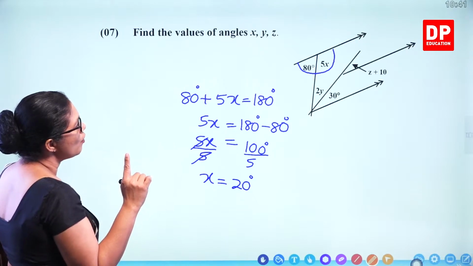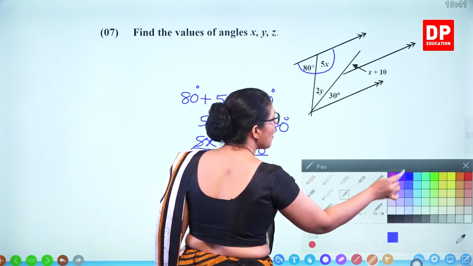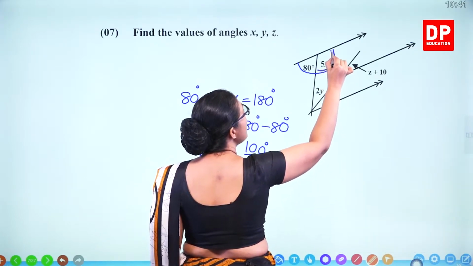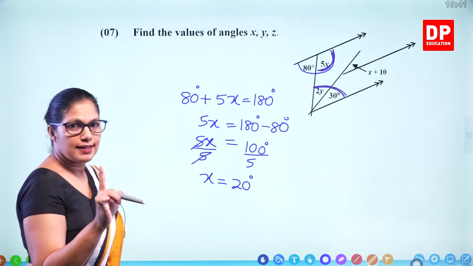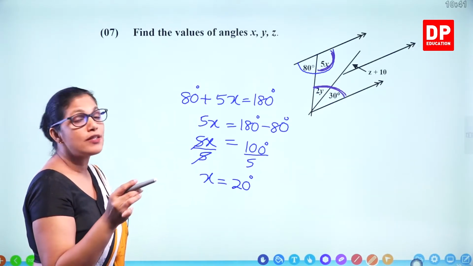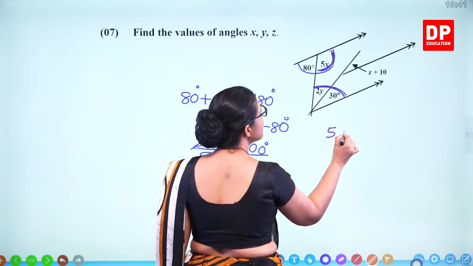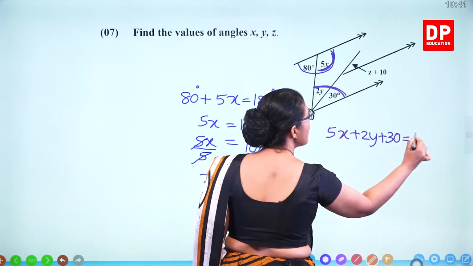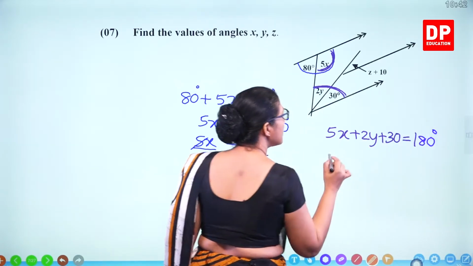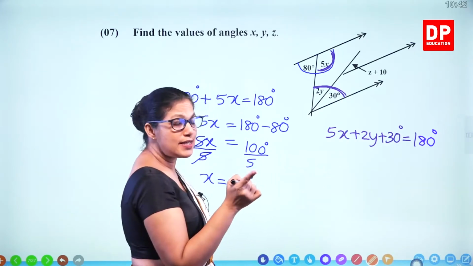Now we have to find y. Now look at this one. This angle, 5x, and this angle, allied angles, add up to 180 because the two lines are parallel. So you can say 5x plus 2y plus 30 is 180. We found x is 20.